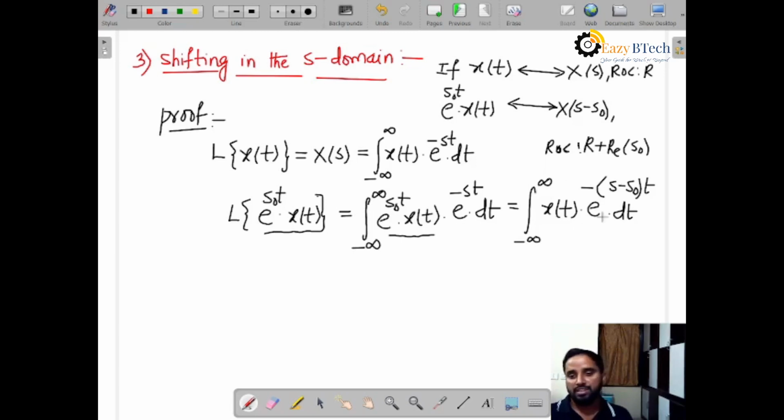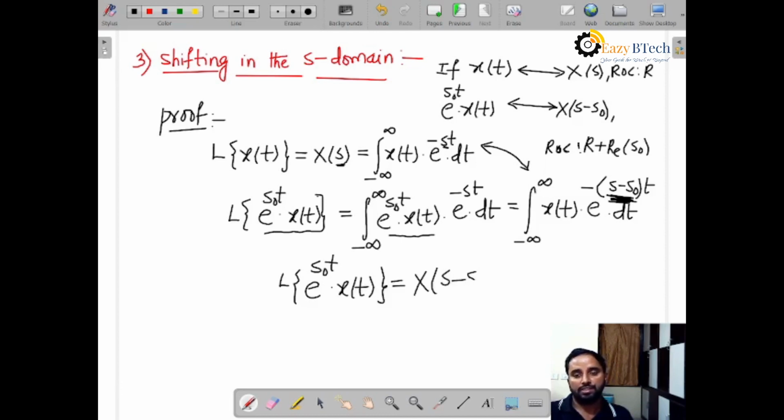And if you observe this integral, it is like our Laplace integral, but here it is s minus s naught in the e power, and only s was there, that is why it was x of s. So here in the e power, what we have, that will be the answer. So Laplace transform of e power s naught t x of t is equal to x of s minus s naught.